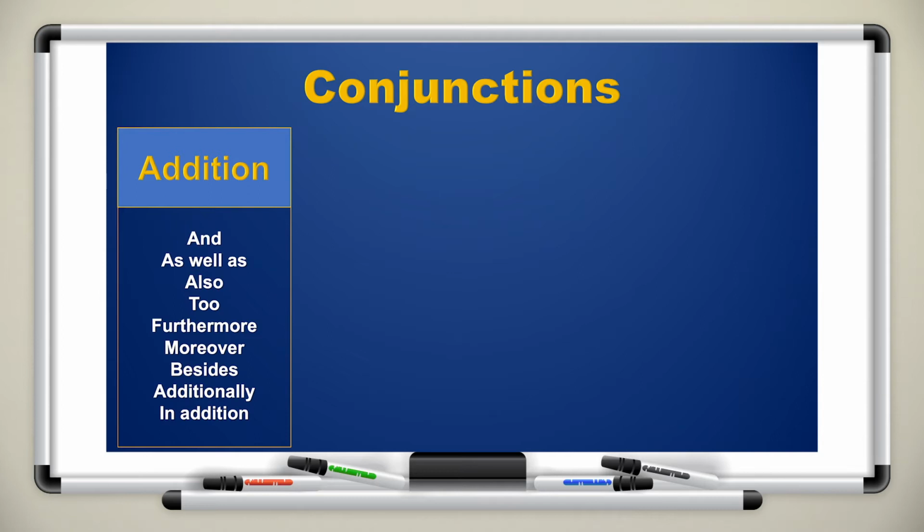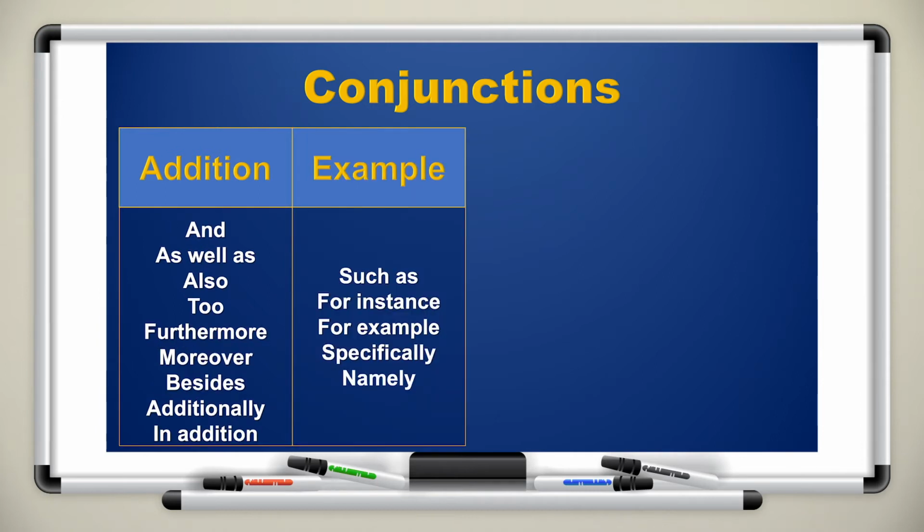All those words, if I write them, the reader will know that I have more to add to the sentence before. If I want to give an example, I will say such as, for instance, for example, specifically, namely. Those words, if the reader reads them at the beginning of the sentence, he or she will know that I have an example to give.